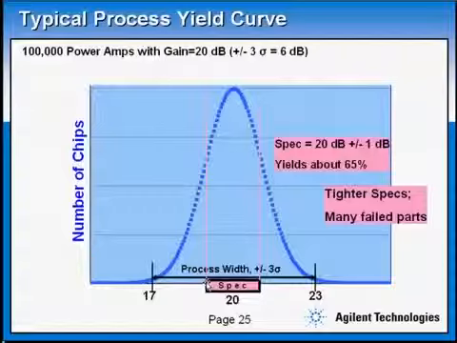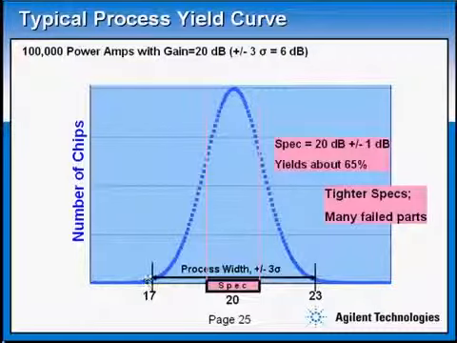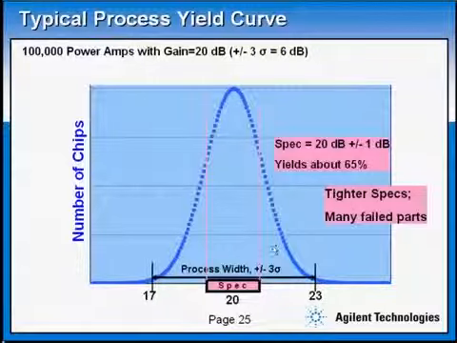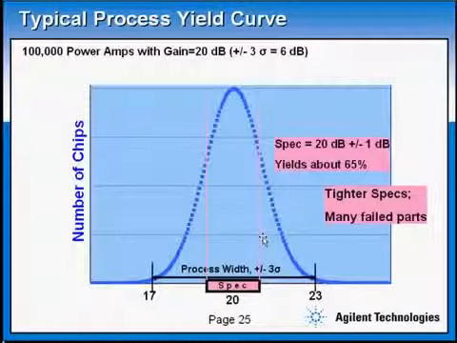The specs designers get are something like the gain has to be between 19 dB and 21 dB. And if your amp, the one you designed, has a distribution plus or minus 3 sigma between 17 and 23, then you have many failed parts. All these parts are failed on the left and on the right of the spec lines.